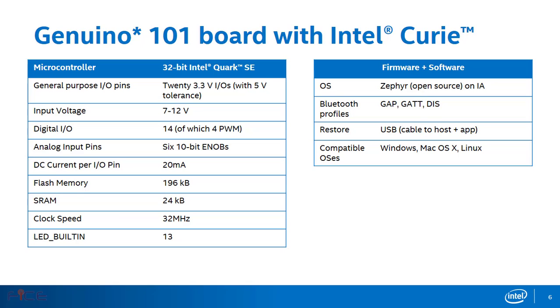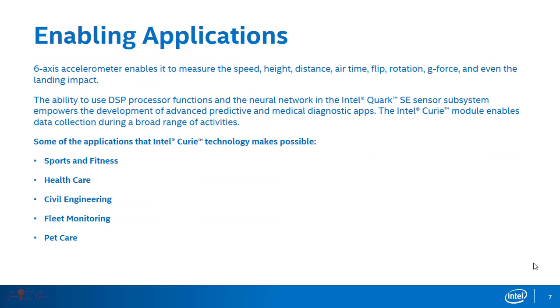This board can be programmed using a simple Arduino IDE. The onboard peripherals enable the board to support a large class of applications. The 6-axis accelerometer enables it to measure speed, height, distance, airtime, rotation of object, and gravitational force.